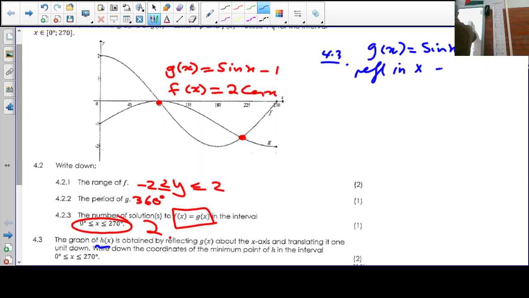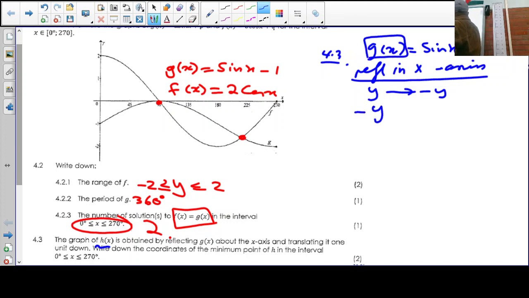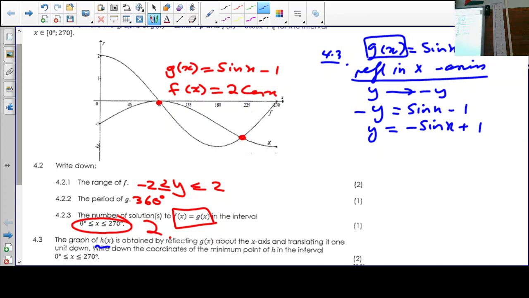In the x-axis, the y becomes negative. Not so. So if it's reflected in the x-axis, y becomes negative. g of x is a y. So negative y is equal to sine x minus 1, which now becomes y is equal to negative sine x plus 1. Okay? About the x-axis.